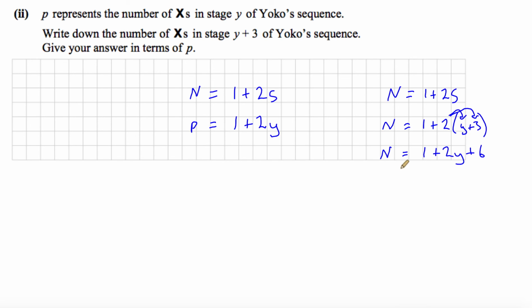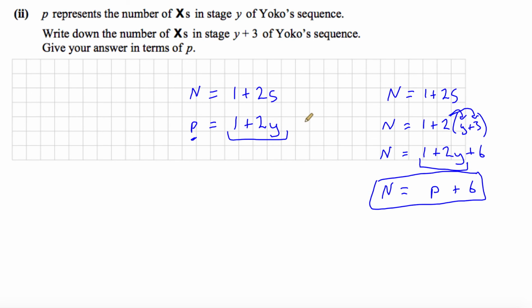So the number of x's is equal to 1 plus 2y plus 6, but we're meant to write our answer in terms of P. And we know that P is 1 plus 2y. So this 1 plus 2y here is actually just P. So n, the number of x's in the stage y plus 3, is equal to P plus 6. So that's our answer. n is equal to P plus 6. And that's the end of question number 8.